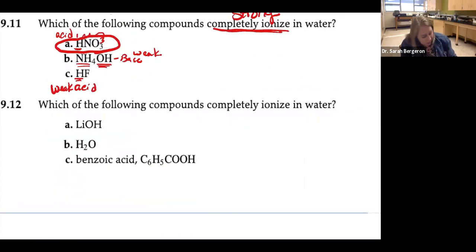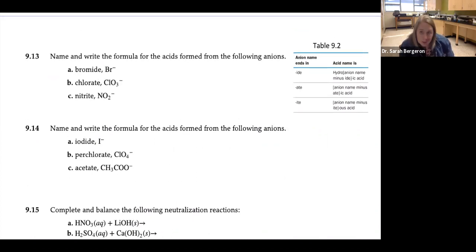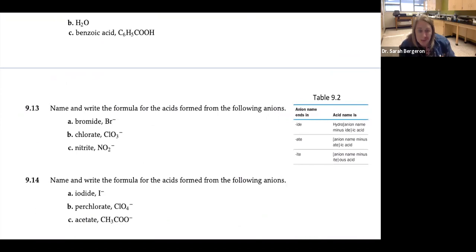All right, let's see, here we go. Name and write the formula for the acids formed from the following anions. So I'm going to give you this table. There's the table. I'm going to give you the table, but you don't really need it. If you remember, I went to chemistry class and I got 8-ic-itis, right?